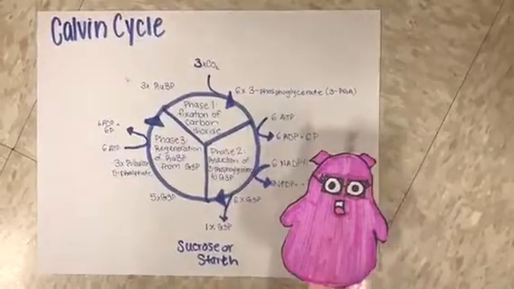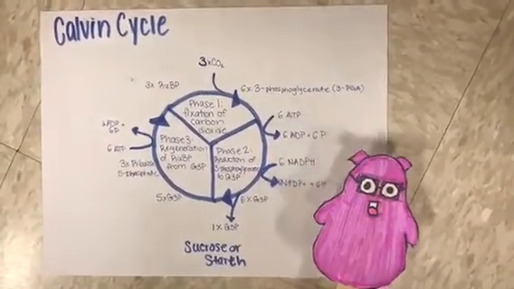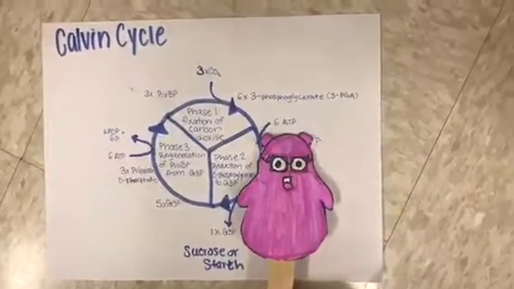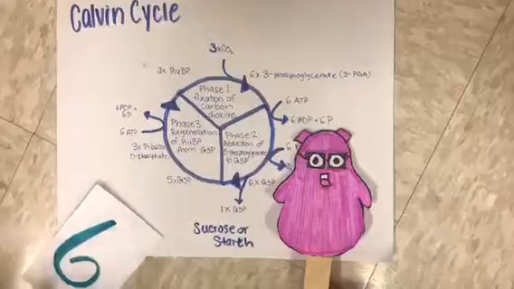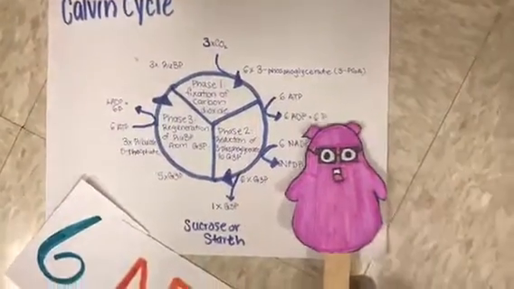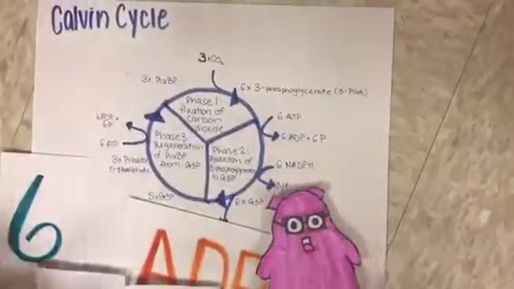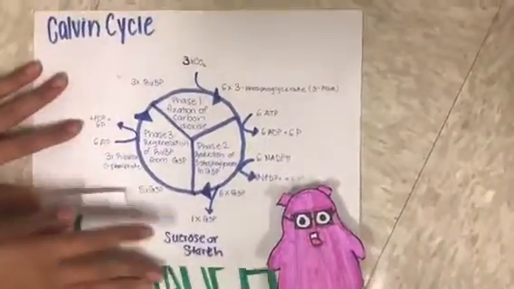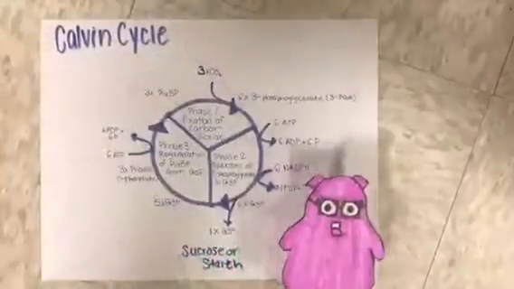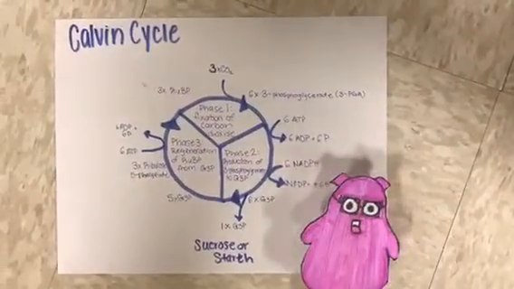Phase 2 is the reduction of 3 phosphoglycerates to G3P. First, 6 ATP is converted to 6 ADP and 6P. Then 6 NADPH is converted to 6 NADP. Phase 2, the reduction of 3 phosphoglycerate to G3P.